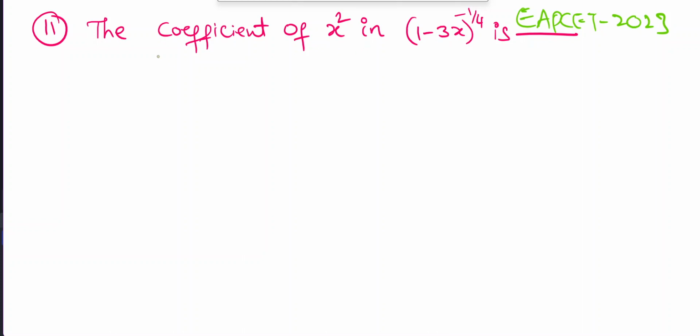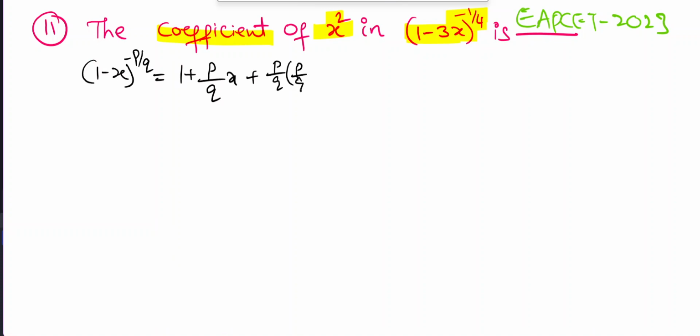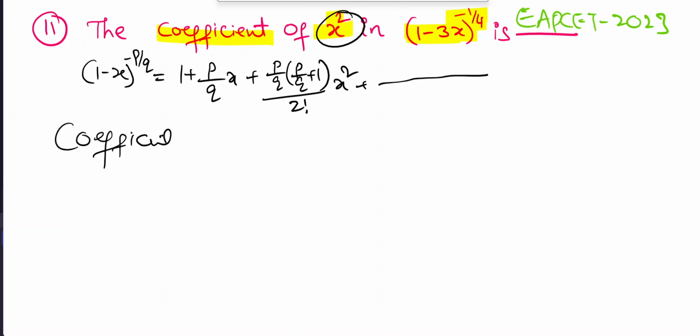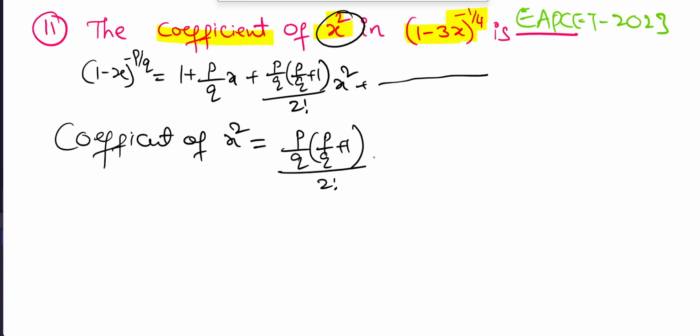This is 11th question. The coefficient of x square in the expansion 1 minus 3x whole to the power of minus 1 by 4 is dash. Here we know the formula, that is 1 minus x whole to the power of minus p by q is equal to 1 plus p by q into x plus p by q into p by q plus 1 by 2 factorial into x square plus so on. Here it is asking the coefficient of x square, that is p by q into p by q plus 1 by 2 factorial into x square.